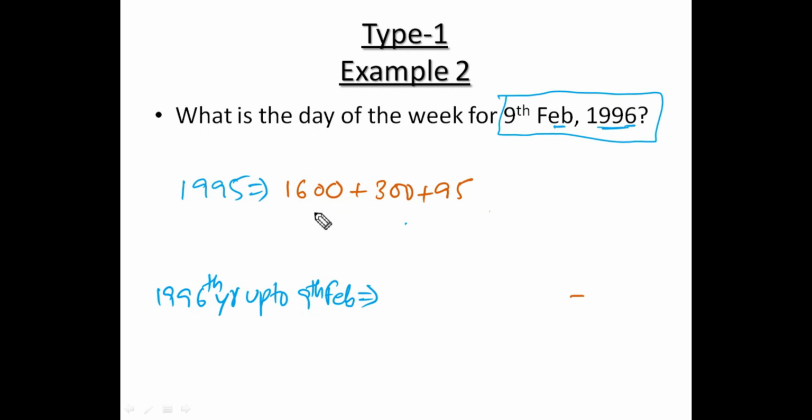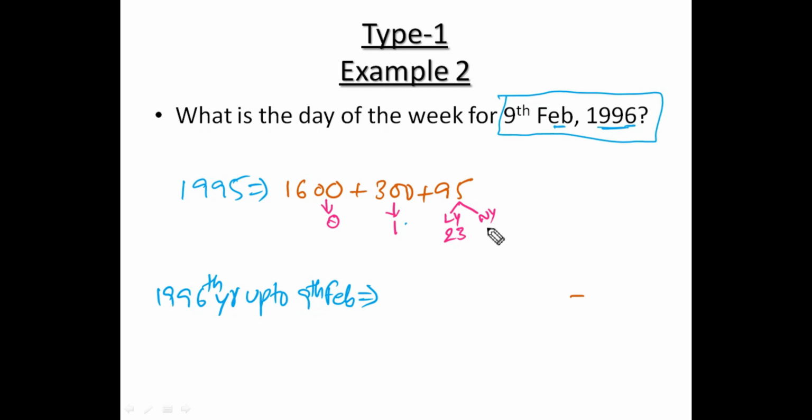Up to 1600 years, how many odd days are there? 0. In 300 years, 1 odd day. 95 splits into leap years plus normal years. How many leap years are there? In 95 years, 23 leap years.